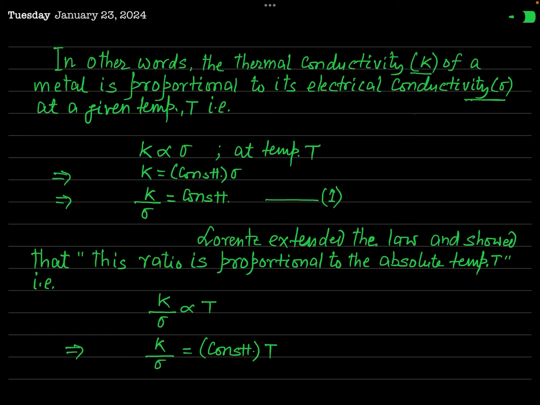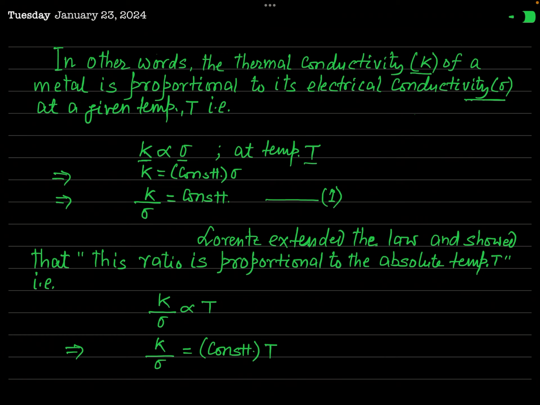Mathematically, we can formulate the Wiedemann-Franz law in this way: the thermal conductivity K of a metal is directly proportional to its electrical conductivity at a given temperature.